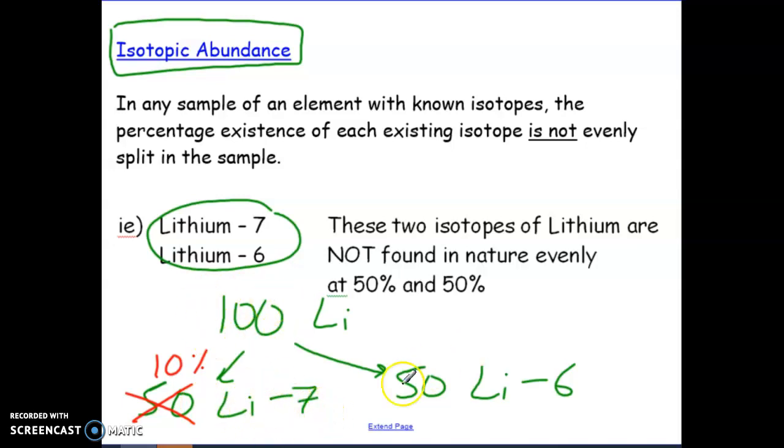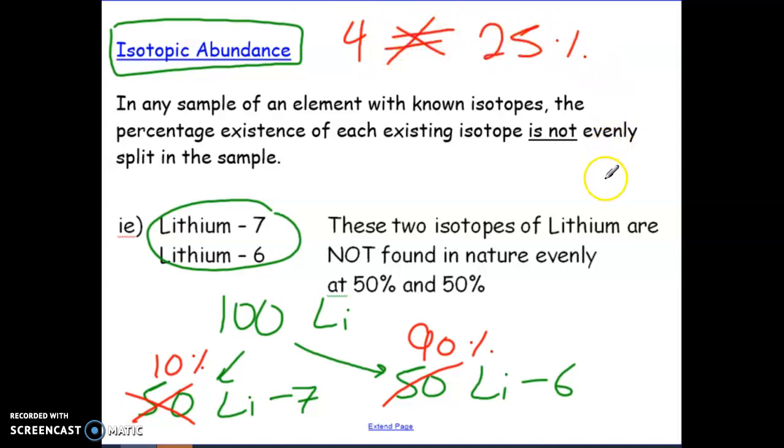That would mean that the other 90% would have to be the other type of isotope. Do not assume that they are evenly split. So if I have 4 different types of isotopes, that does not mean that that's going to be 25% each, right? 100 divided by 4.